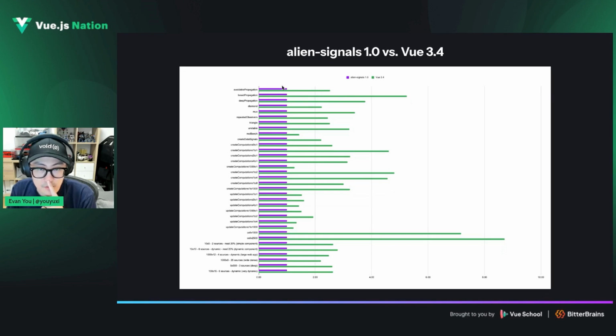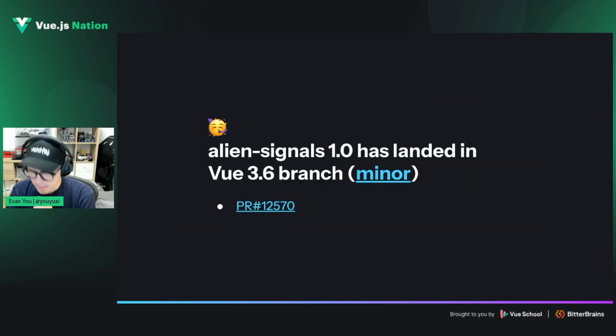Here we're showing Alien Signals as the baseline of 1.0, and the higher the bar, the slower it is compared to Alien Signals. So you can see Vue 3.4 is considerably slower compared to Alien Signals in almost every benchmark. But note this is 3.4. 3.5 performs slightly better than 3.4, but still compared to Alien Signals, it's still a massive upgrade.